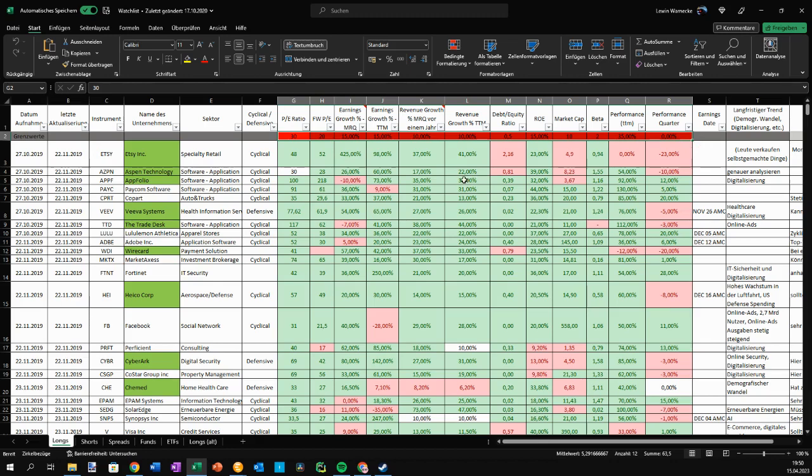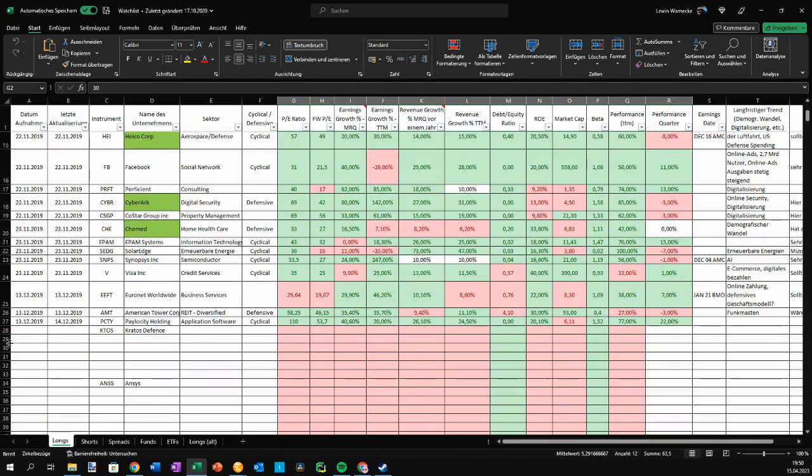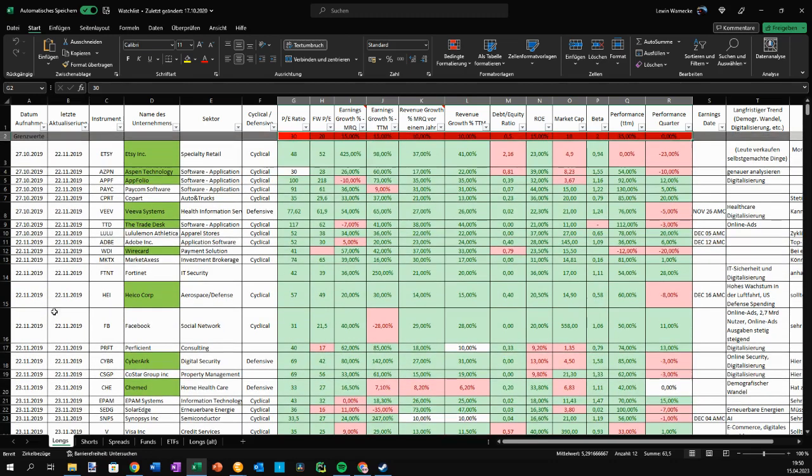So I'm always looking for the best 30 to 100 stocks that are nearest to these optimal criteria ratios. But almost every time one of the criteria is not met, which is not a problem. You just have to look at it and then decide if you still want to buy that stock.